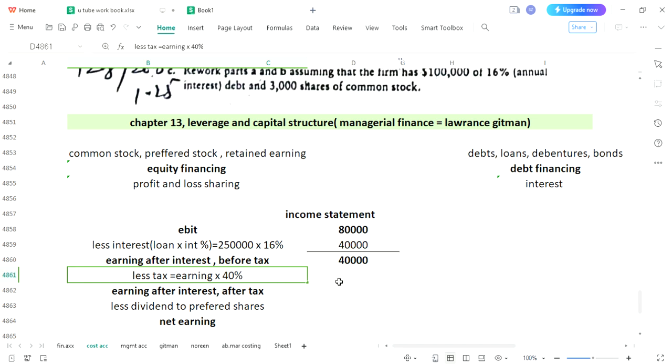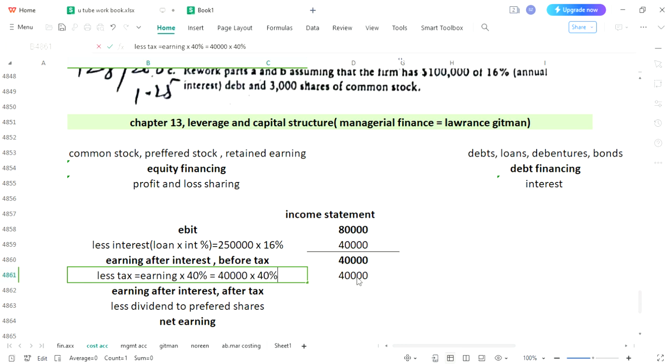Earning, we have 40,000. You can see earning after interest but before tax. This is the amount which is needed to calculate your tax. Amount was 40,000. Why not we should calculate over here so that you can remember it. 40,000 was earning and you will take 40% of it.